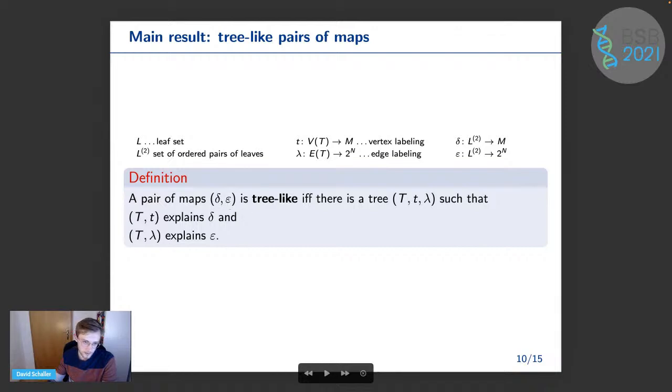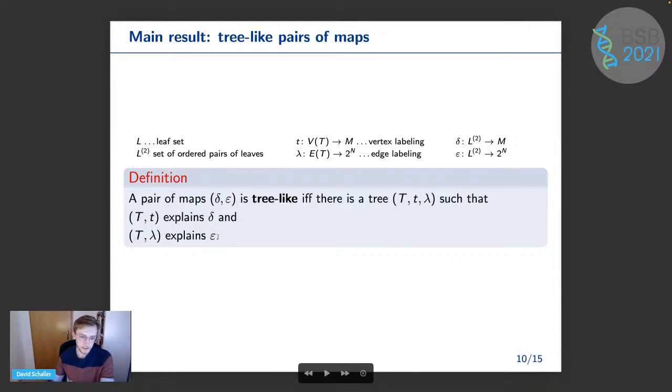So here we consider pairs of maps delta and epsilon that assign to pairs of genes either single events or subsets of events. So this delta is associated with a vertex labeling in the tree, and epsilon is associated with an edge labeling. And we say that a pair of such maps is tree-like if there is a tree T with vertex labeling lowercase t and edge labeling lambda, such that this here explains delta and T lambda explains epsilon.